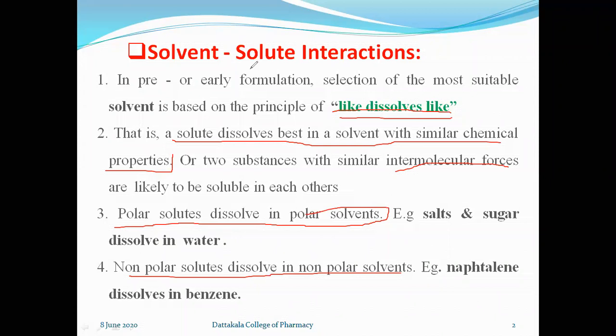The value of the dielectric constant is high, and they form hydrogen bonds. That's why polar solvents show more solubility. And if the properties of solute and solvent are the same, if both are polar, then on the basis of like dissolves like, they will be easily dissolved.